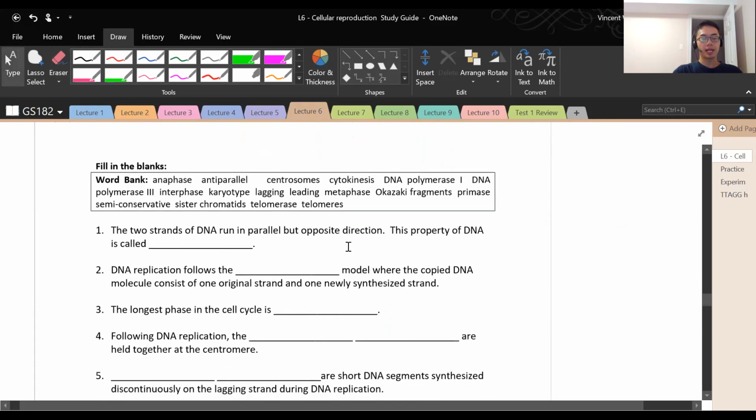All right, fill in the blanks. Here we go. The 2 strands of DNA run in parallel but opposite direction. This property of DNA is called anti-parallel.